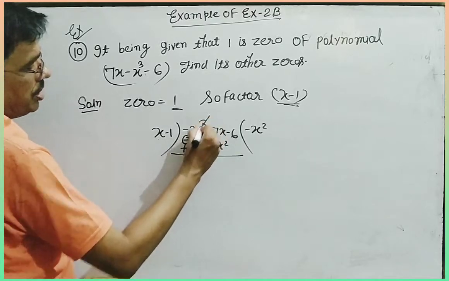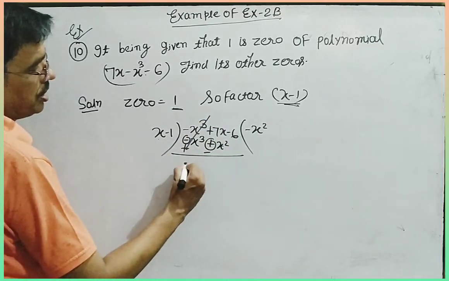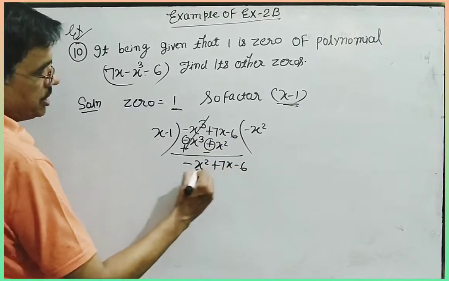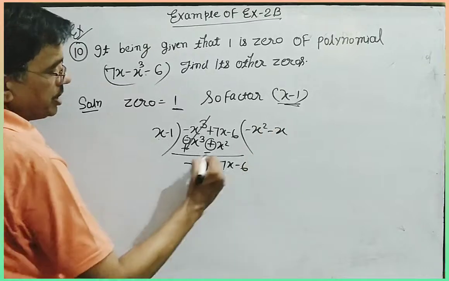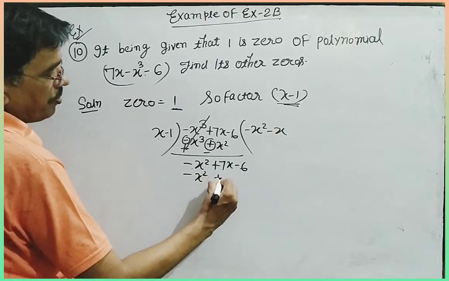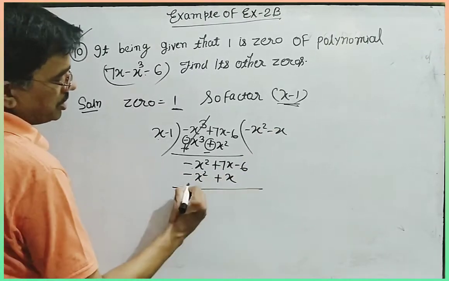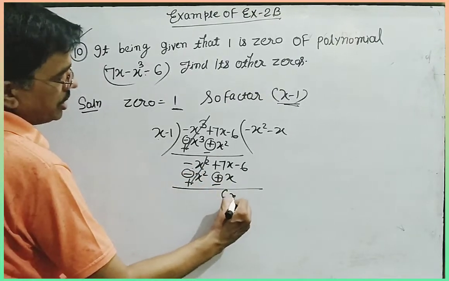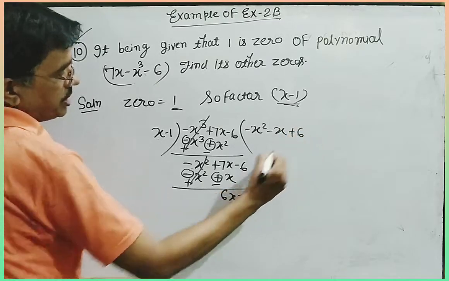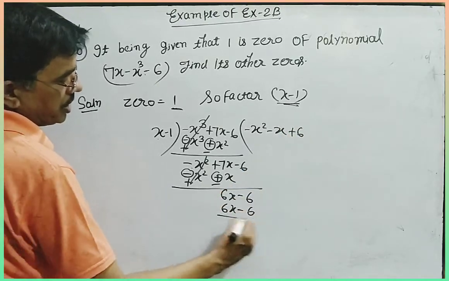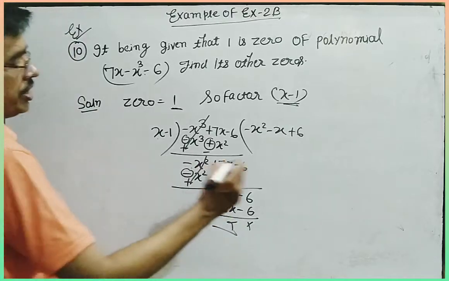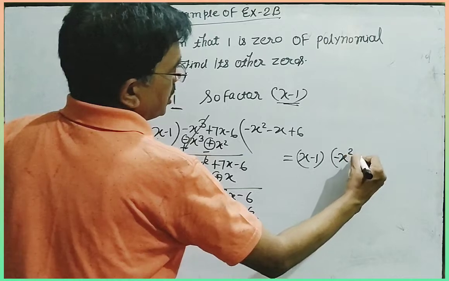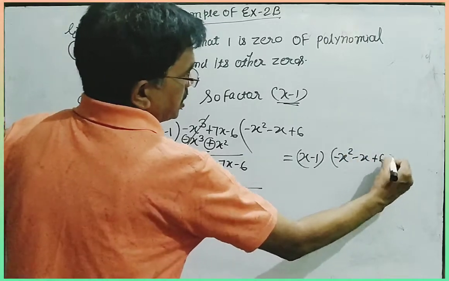Then minus x square plus 7x minus 6, minus x square plus x, then it is 6x minus 6 and plus 6, then it is 6x minus 6. Then it is clear, this polynomial is equal to x minus 1 into minus x square minus x plus 6.